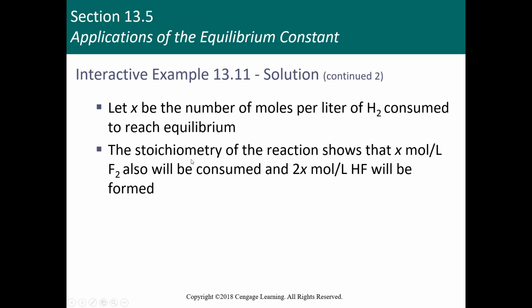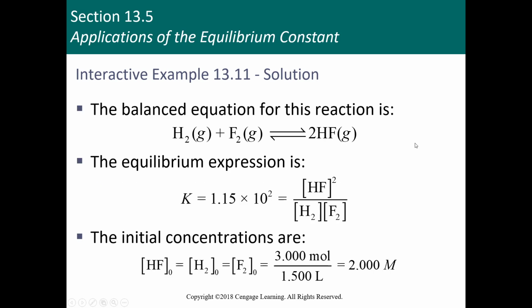So we use the stoichiometry of this reaction to get that for every x, so x amount of H2 that's consumed, we will also, let's go back up to the reaction, we will also consume the same amount of F2. You see that's a 1-to-1 ratio. So if we consume x moles of this, we will consume x moles of that. And for every x amount we consume of these reactants, we have to make 2x, twice as much. So 2x amount of the HF.